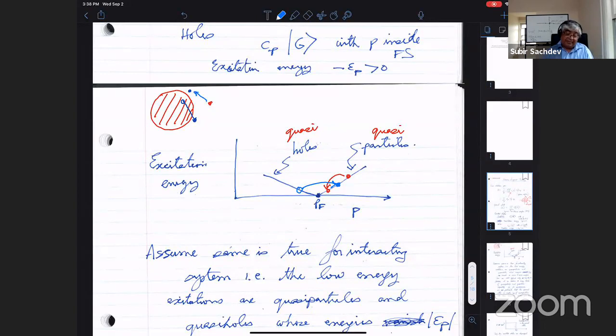So what you can see, and this is really what makes this whole thing work, is that the phase space for this process becomes smaller and smaller the closer you get to the Fermi surface. As you approach the Fermi surface, it's not possible to scatter anything and conserve energy because of the exclusion principle. Okay, so these particles turn out to live a long time.